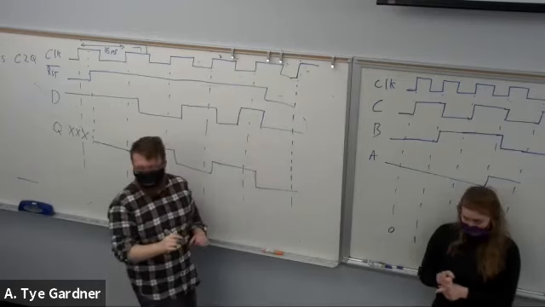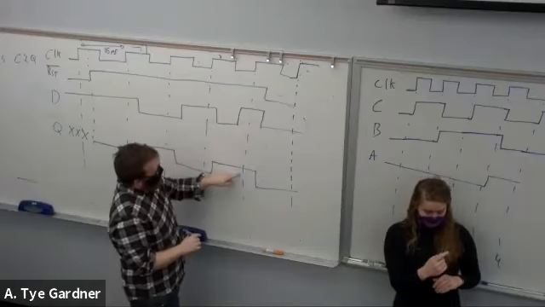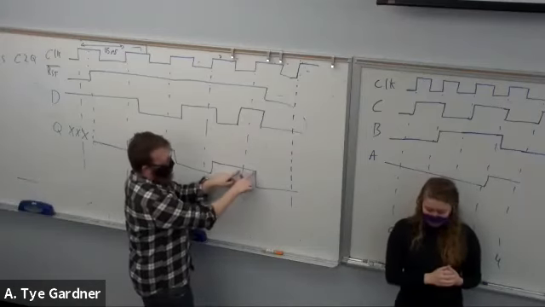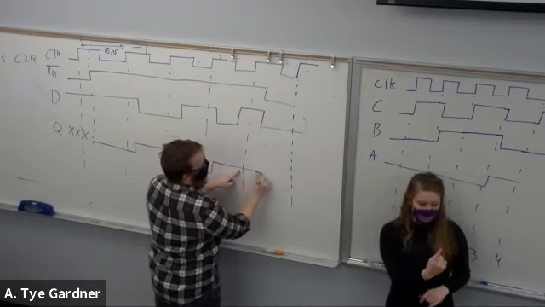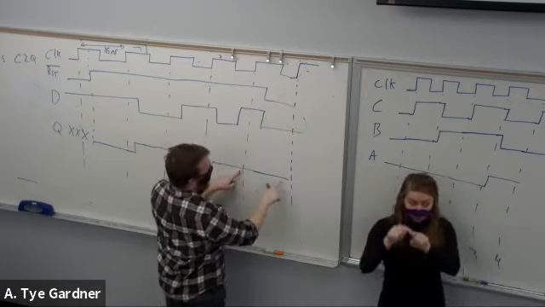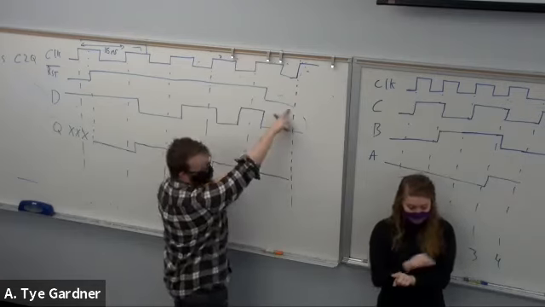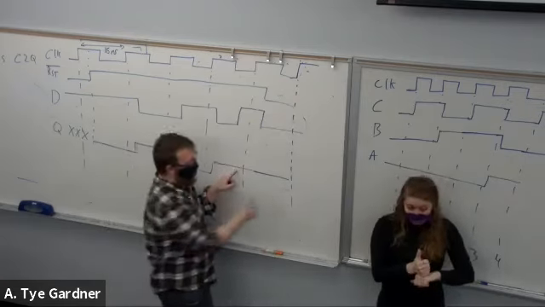Right? Something like that. Yeah. So D is 1 on the clock. We keep a 1 here instead of dropping to the 0. We can't change until clock number 6. Therefore, we are resetting.